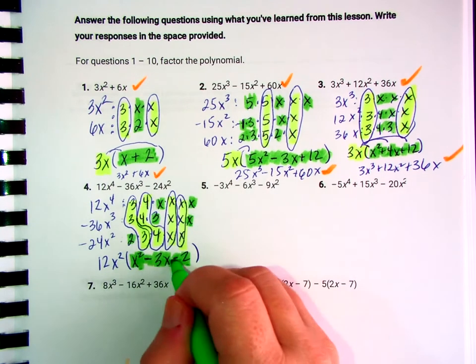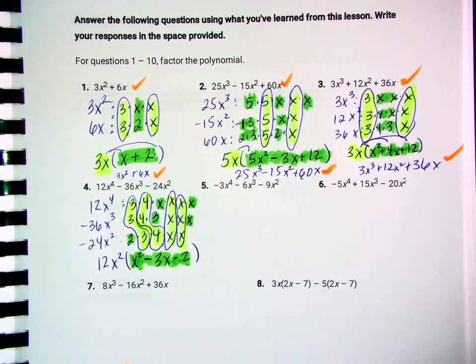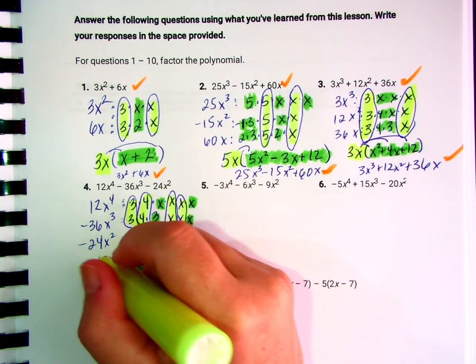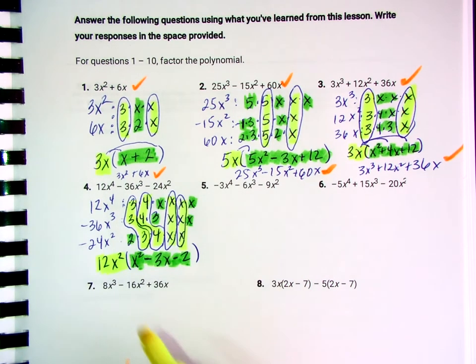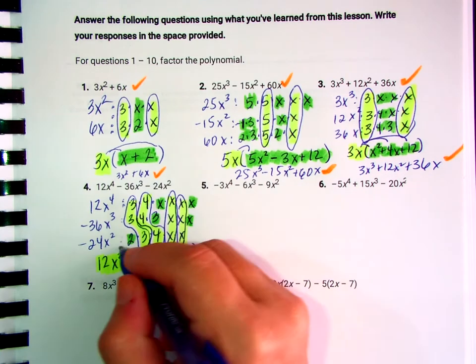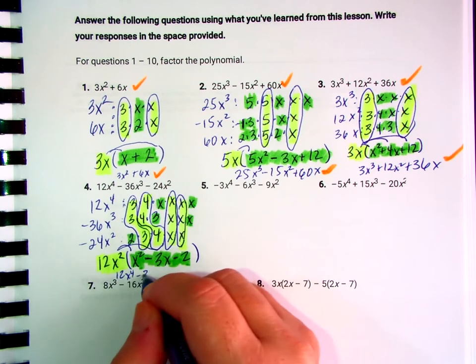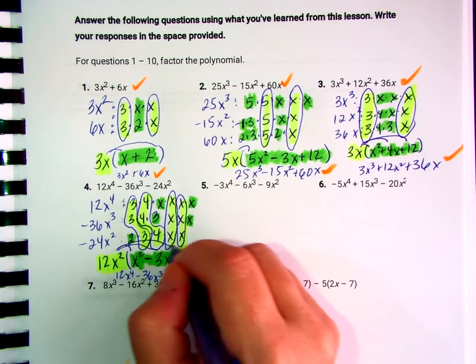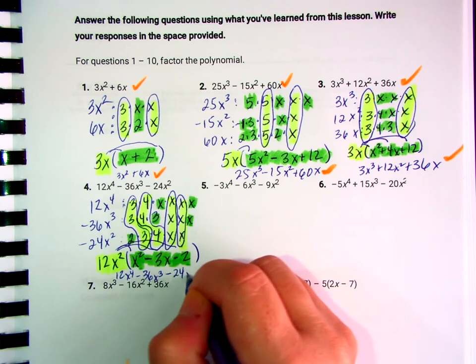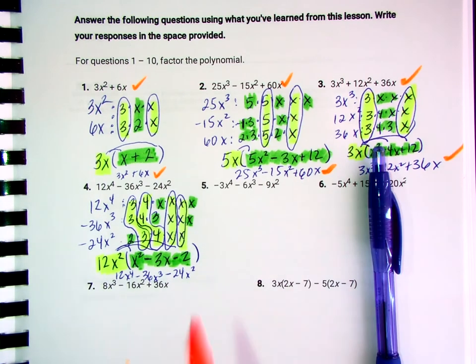Notice the signs of minus and minus came from the original problem, and my greatest common factor of 12x squared is at the front. Again, I could multiply this all the way through to double check my answer. I get 12x to the 4th minus 36x to the 3rd minus 24x squared, and I see that that checks out with my answer.